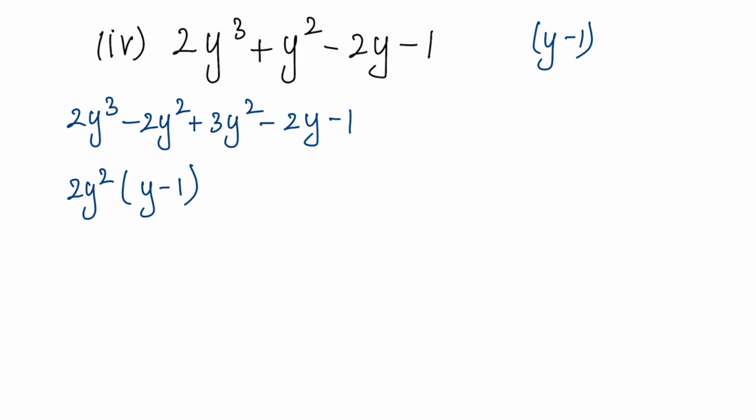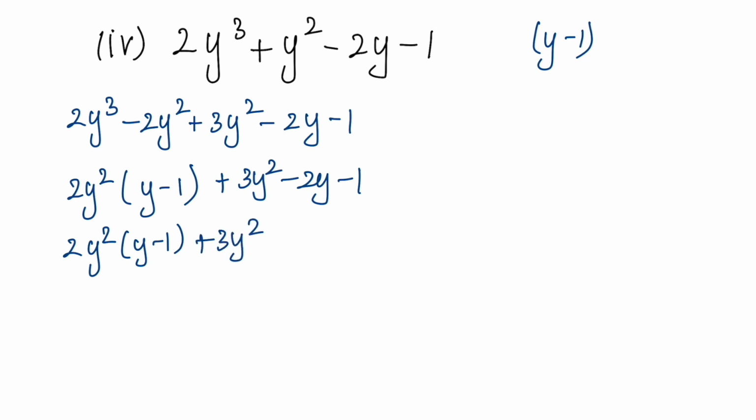Okay, I'm just writing the next terms here as such. From the next two terms, if you want y minus 1, you are going to rewrite them as 3y squared minus 3y plus y minus 1.